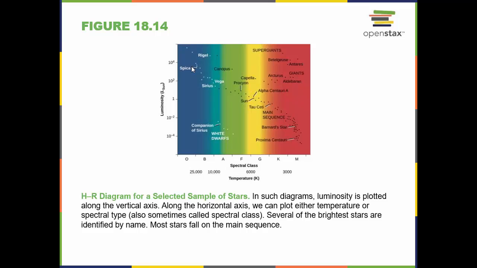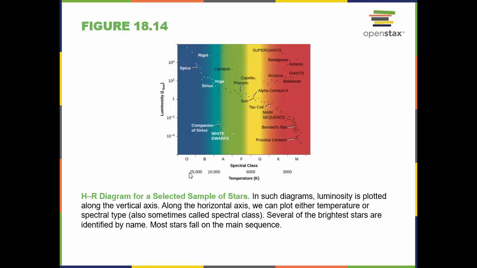So here we see the HR diagram for some selected sample of stars. As in our last diagram of height versus weight, you can plot it against spectral classes or temperature, but the temperature is increasing towards the origin. So this is 3,000, this is 25,000. Don't forget, the hotter the star is, the shorter its wavelength.